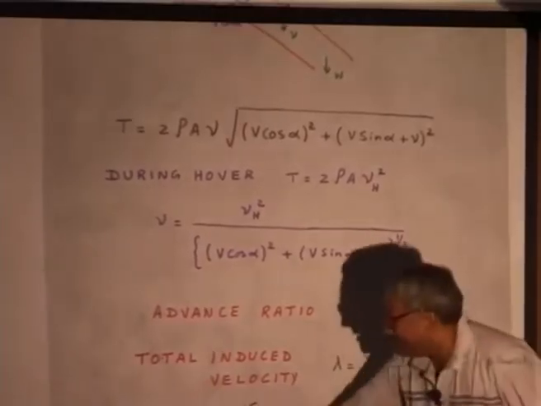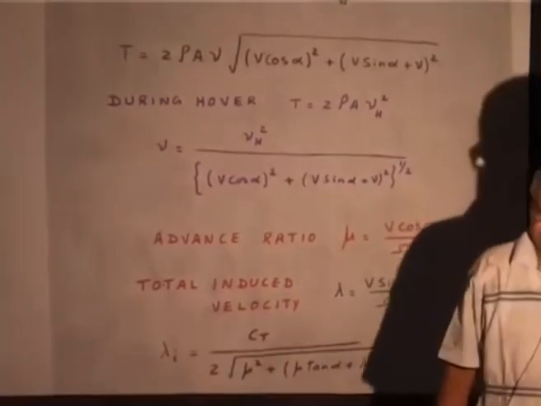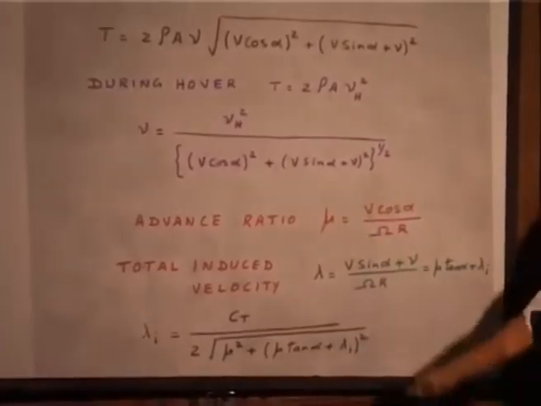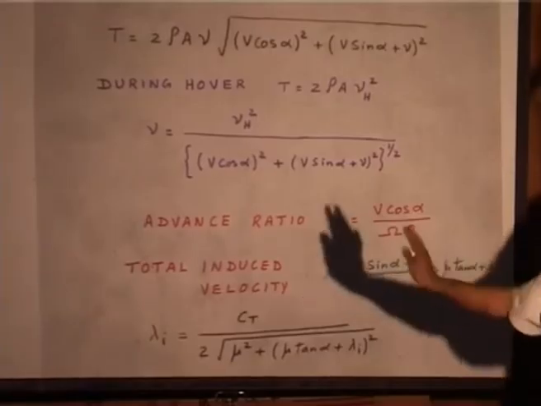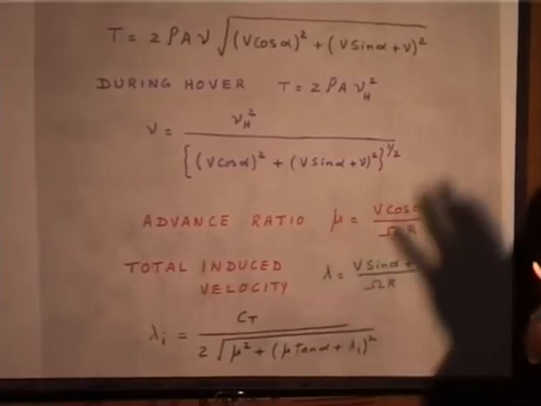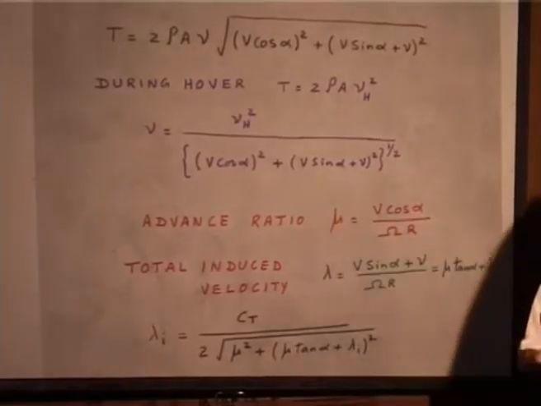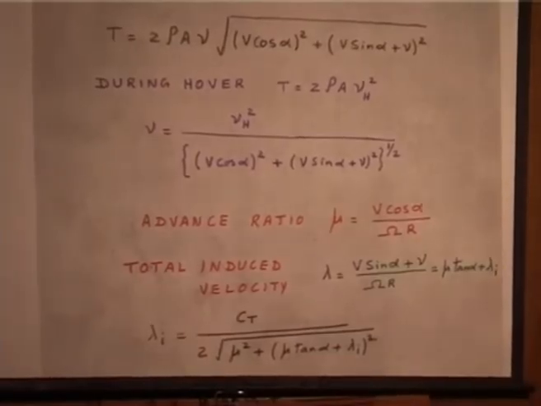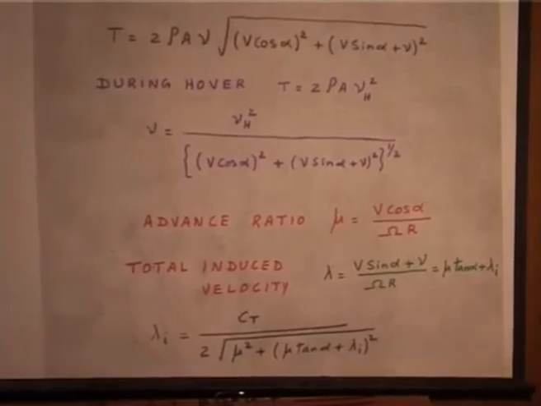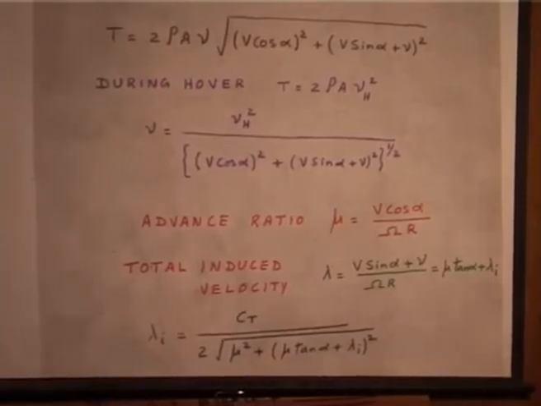So even though I put lambda i, now I have changed to nu 0. Lambda i into omega R, that becomes nu naught. So, please understand there are different symbols which may be confusing, but the idea is you have to understand clearly what we are using. Okay.